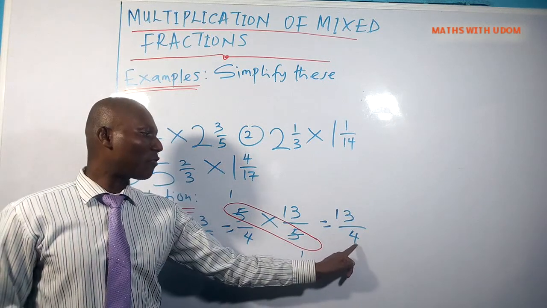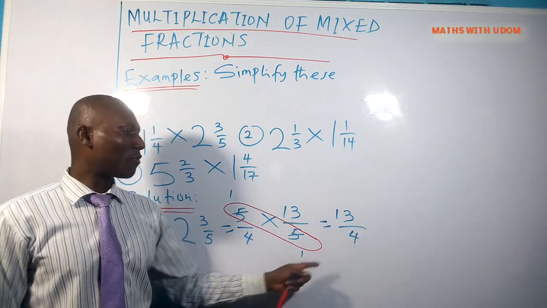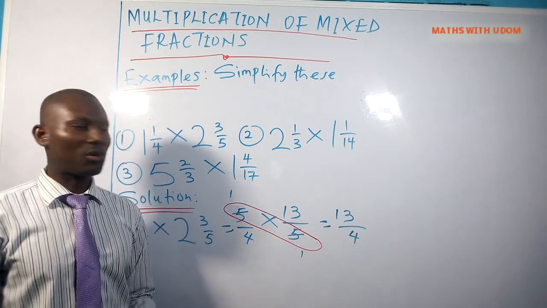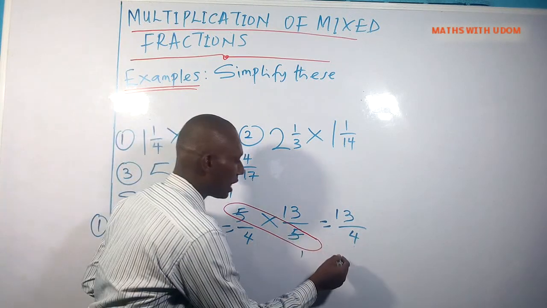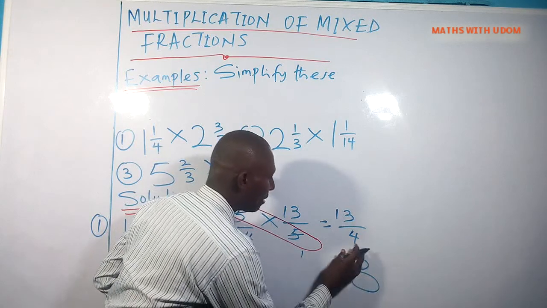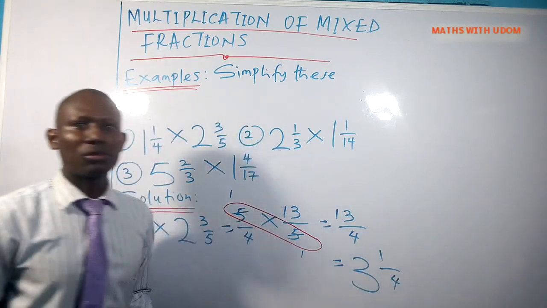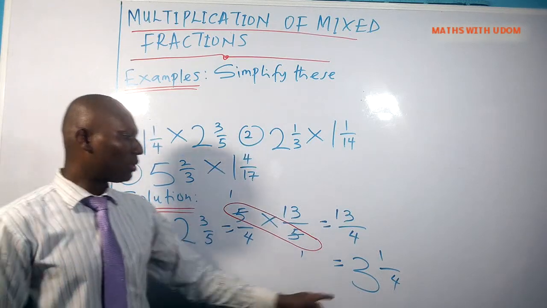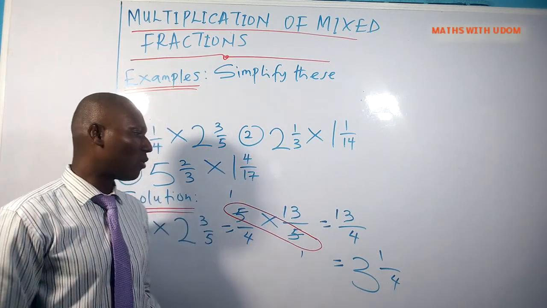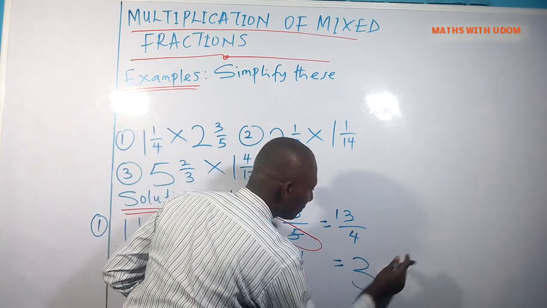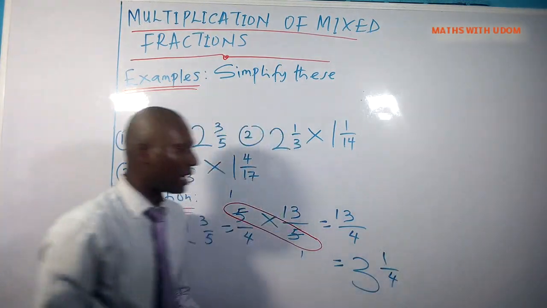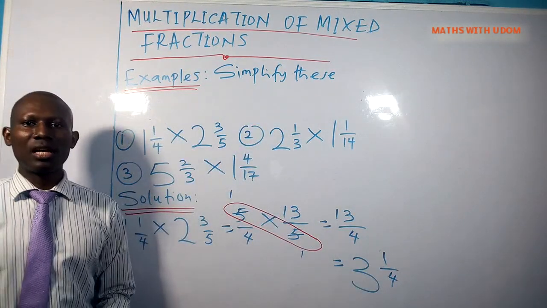So how many times can 4 go through 13? 4 can go into 13 3 times because 4 times 3 is 12. Remember the 1 over 4. So that is our answer: 3 whole number 1 over 4. That's the answer for the first example.